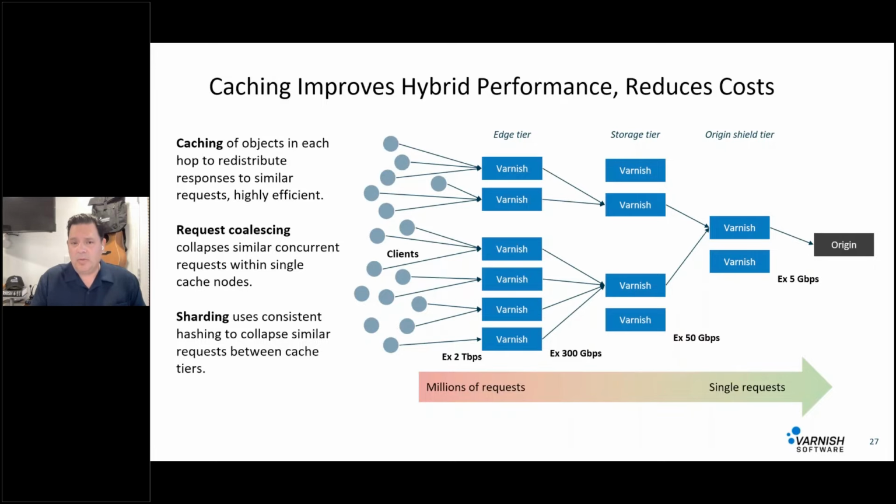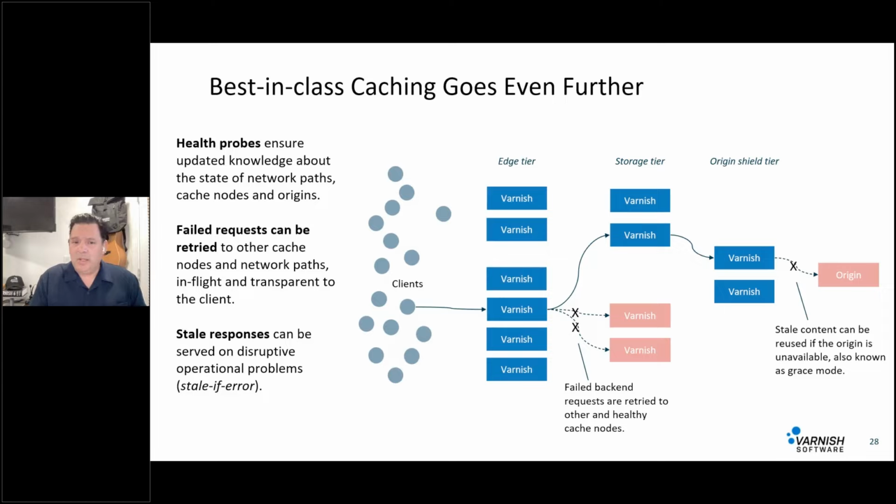But if we go to the next slide, we'll see that best of breed caching solutions take it one step further, really focusing on security and on probing, and this is where the benefit of cache really comes into play. So you can see there, we'll start at the right this time and go left.